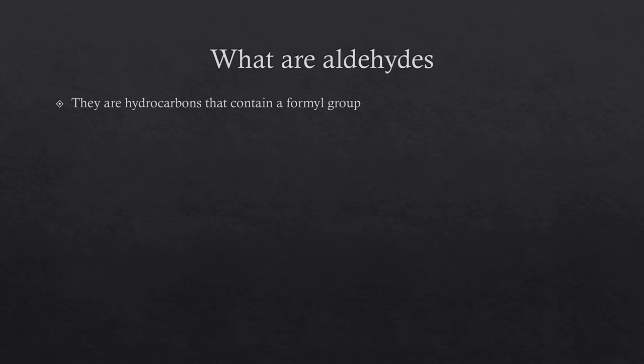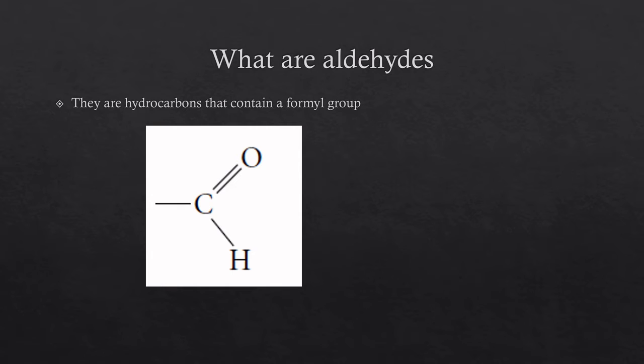Okay, so what are aldehydes? Aldehydes are essentially a type of hydrocarbon, but they contain something called a formyl group. So what is a formyl group? A formyl group looks something like this. Over here you can see a carbon that's double bonded to an oxygen, and that carbon is also bound to a hydrogen.